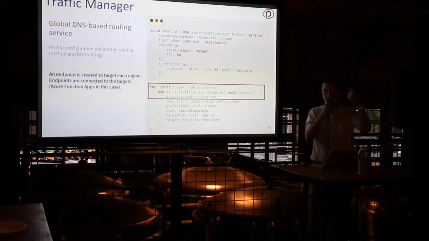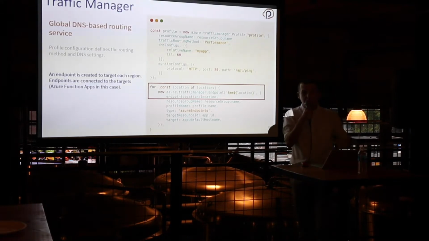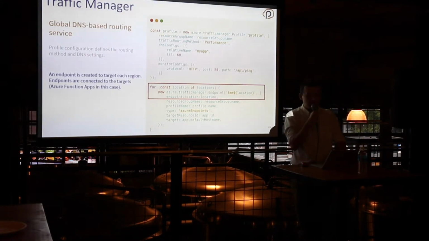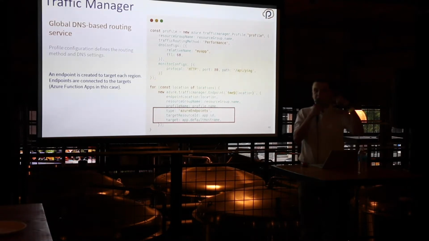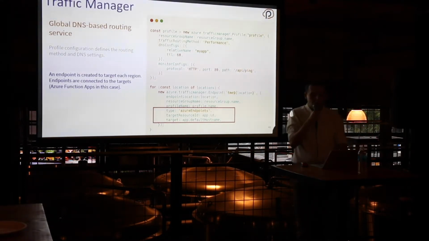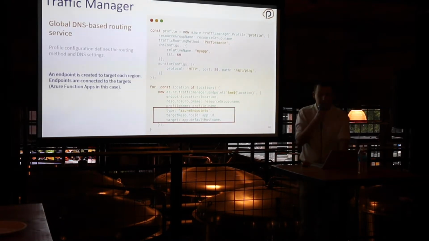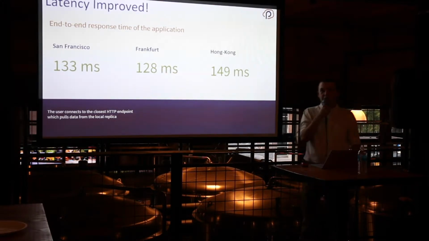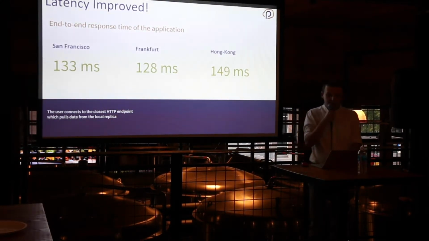And then again, I have a loop which goes through the same location array. And for every location, it creates an endpoint in Traffic Manager. And then it links this endpoint to the proper function app, just by URL or the ID of the resource. And that's it. When I deploy, the problem is fixed. The latencies are good wherever I am in the world, or at least wherever my customers are.